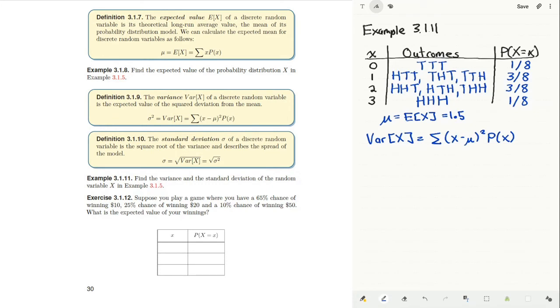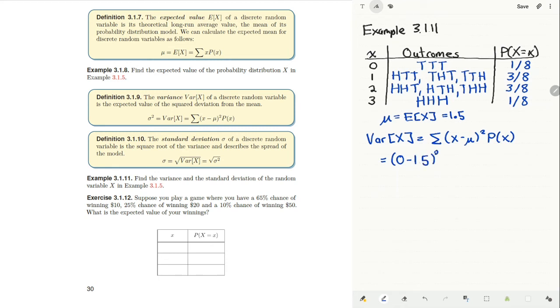So to find the variance, we will take each value of x, subtract the mean, square it, and multiply it by its corresponding probability, and then add up all of these values. So for our first value of x, we have 0. We calculated the mean to be 1.5.